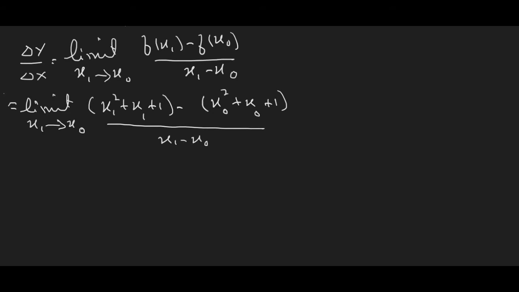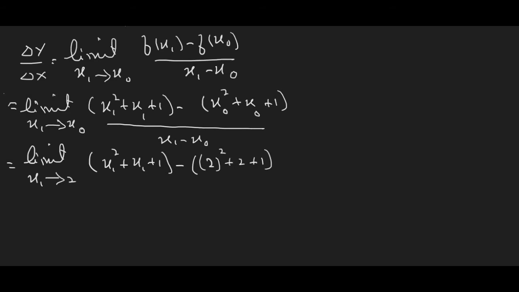Now again we have to replace x0 with the given point, which is x0 is equal to 2. So limit x1 approaches to 2, x1 square plus x1 plus 1 minus 2 square plus 2 plus 1 whole divided by x1 minus 2.